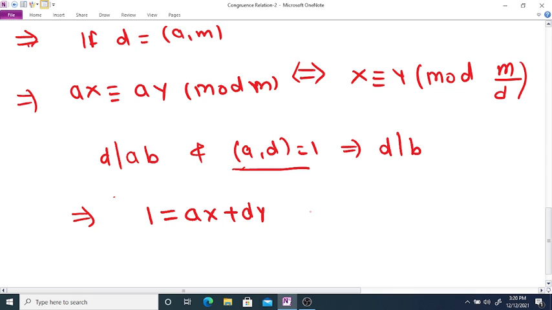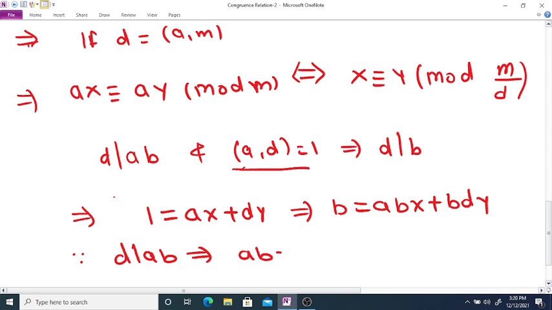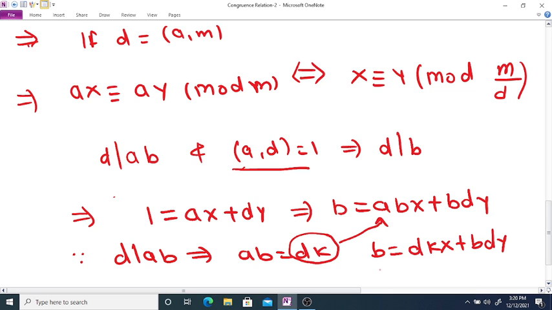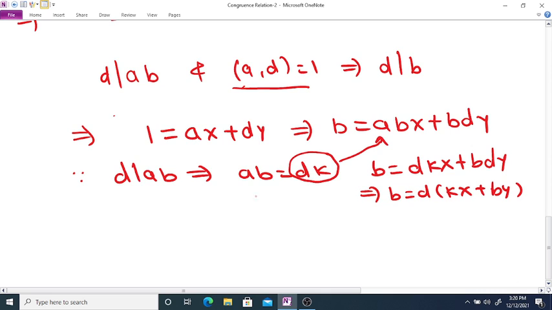If you multiply this equation by B, we get B is equal to ABx plus BDy, and since D divides AB, AB is equal to Dk. If we put this here, we get B is equal to Dkx plus BDy. If we take D outside, inside the bracket kx plus By, and from this we can say that B is a multiple of D, and so D divides B.